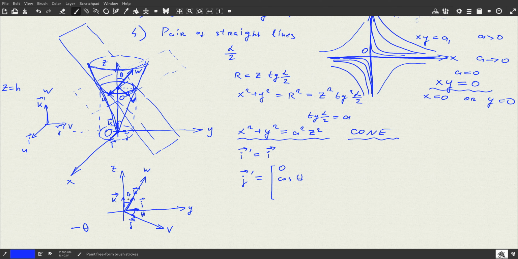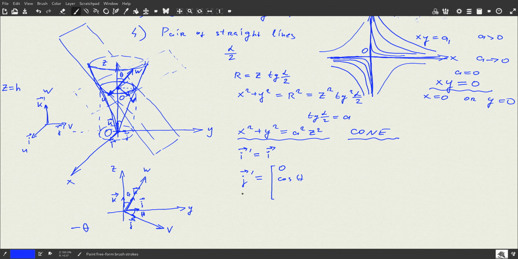Because it is a clockwise rotation, the absolute value of this angle is theta, but we'll call it minus theta because it is counted in this case clockwise.